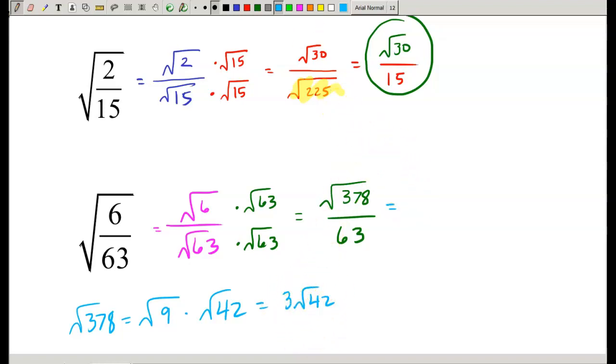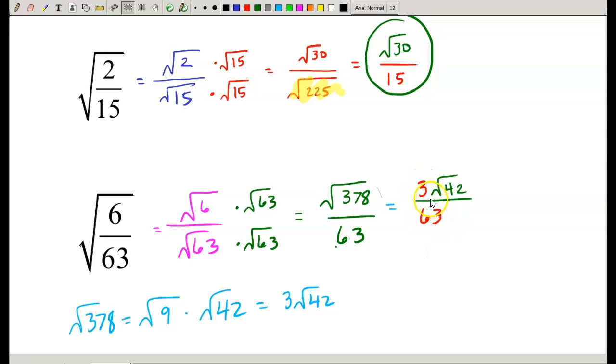So now if I go back to the problem I was working with, this would become 3 root 42 over 63. This is even better, more simplified, but now if you take a look at these whole numbers, we have a 3 on the top and a 63 on the bottom. Not going to touch the root 42, just thinking about these whole numbers, can I reduce 3 over 63?